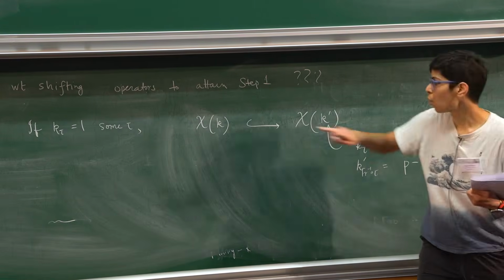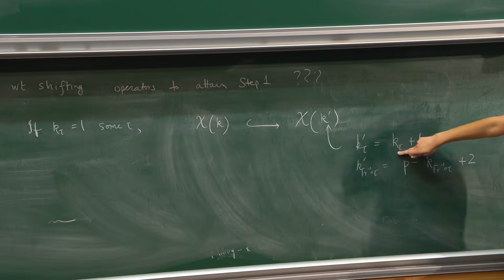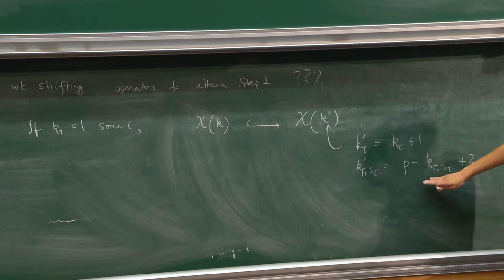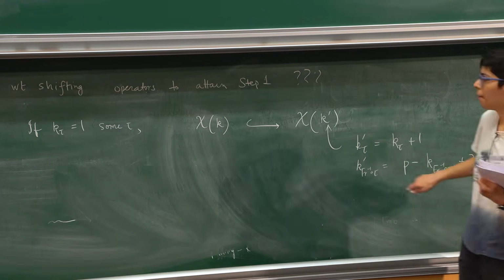So if k tau is 1, then this is no longer irregular. And this reflection will not produce an irregularity because our weights are bounded by p plus 1.